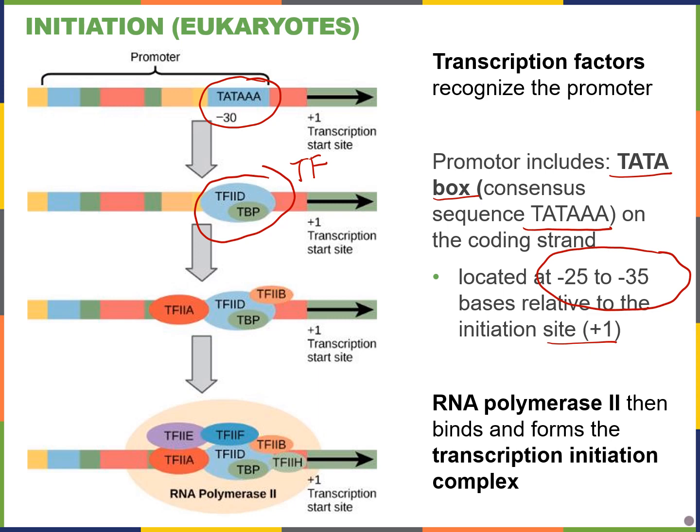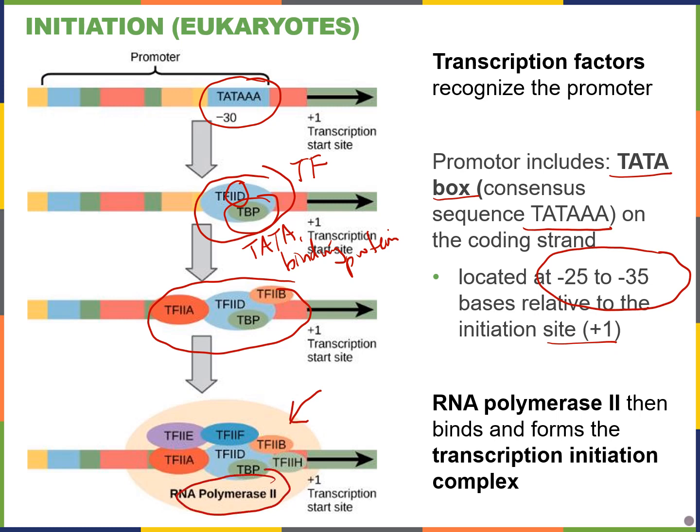The transcription factor, you can see, includes a subunit over here called TBP, and that stands for TATA binding protein. You don't have to know the small numbers or letters here, but know that once those come down and bind to the TATA box, more transcription factors are recruited until ultimately RNA polymerase 2 is recruited and binds to the promoter near the region of the TATA box.